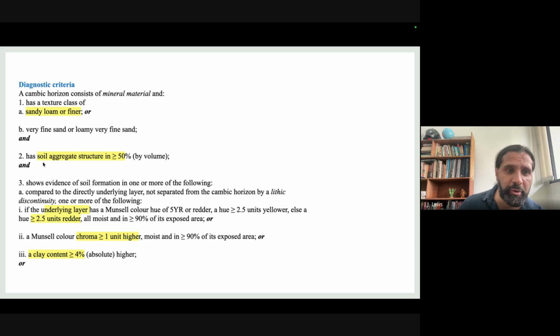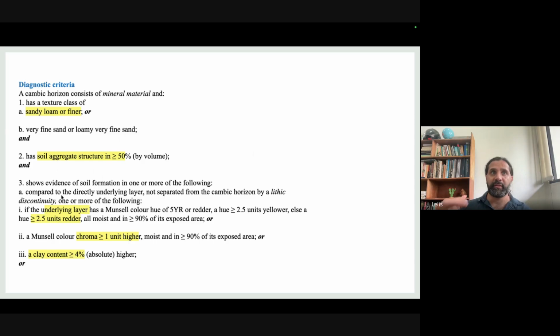And the soil aggregate structure should be equal or higher than half of that horizon. So at least half of the horizon should be composed of aggregates or peds. And I should register evidence of soil formation in one or more of the following. Compared to the directly underlying horizon, these two horizons are not separated by a lithic discontinuity.